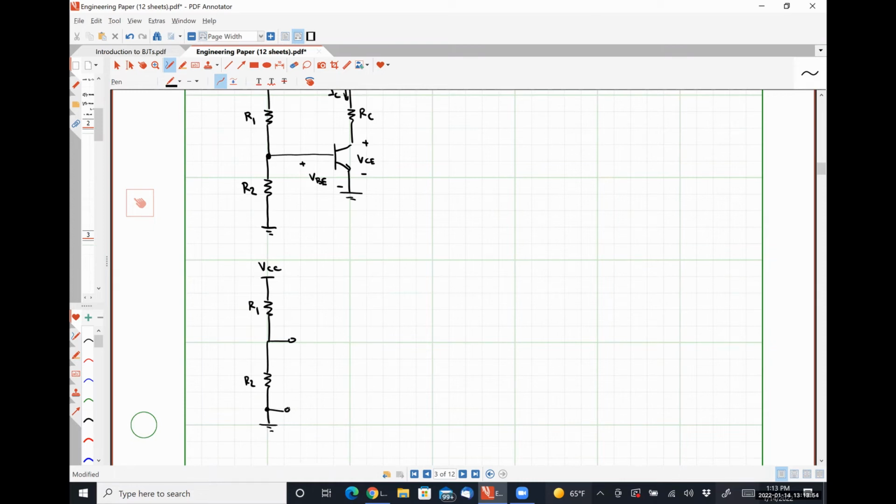Here's our terminal. This is a two-terminal network, right? There's one terminal, here's another terminal.